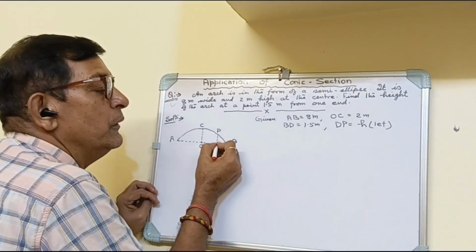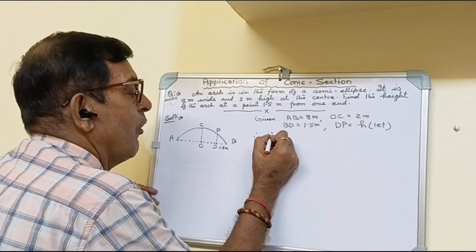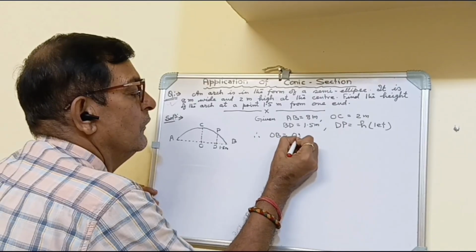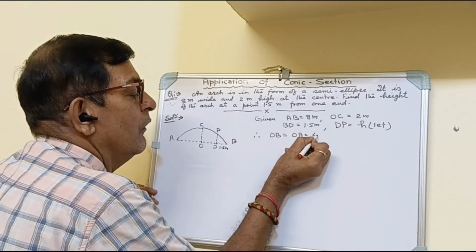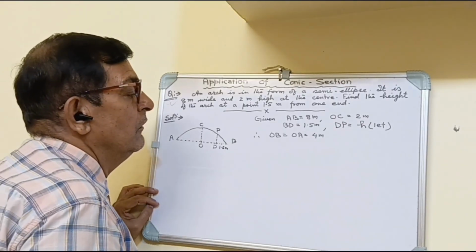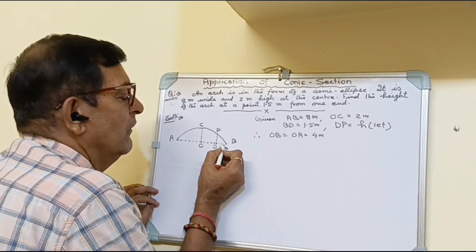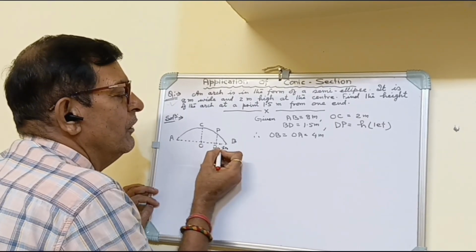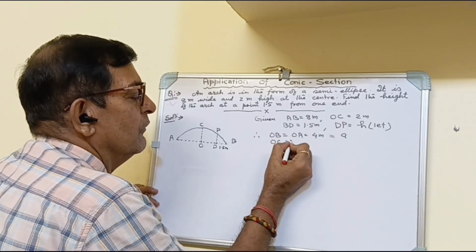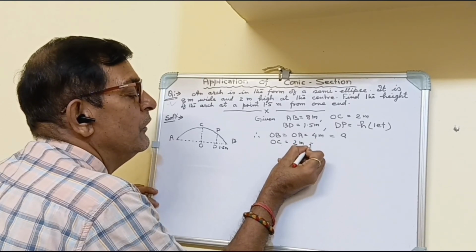We have to find this DP. AB is equal to 8 meters, therefore OB is equal to OA, that is equal to 4 meters, since O is the center. AB is called 2a, so OA and OB are called a, that is equal to 4. OC is 2 meters, it is b.